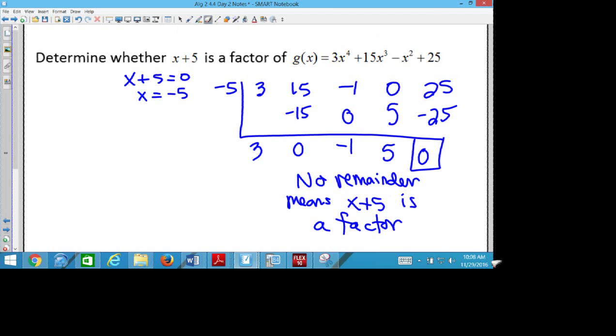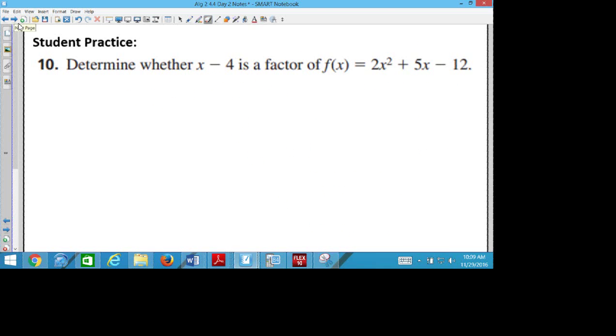All right, the next one is a U-try. So you're going to set up your synthetic division.